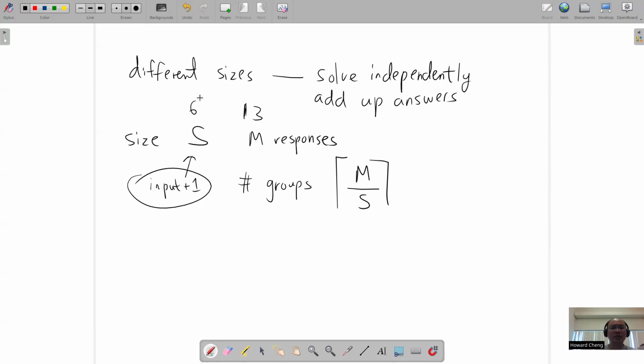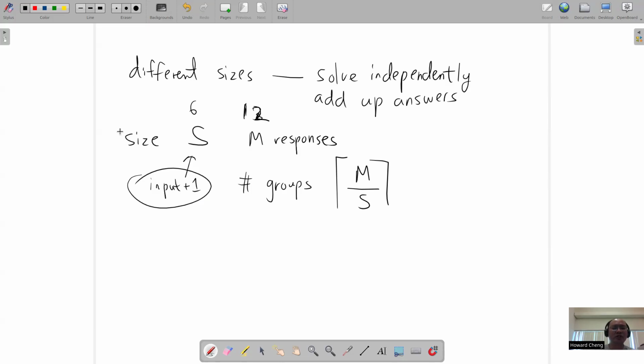In this case, 13 divided by 6 is 2 and a little bit, and when you round up, there's 3 groups, because 2 groups is not enough, 3 groups is enough. On the other hand, if you have exactly 12, then dividing 12 by 6 is 2, so 2 groups is enough.